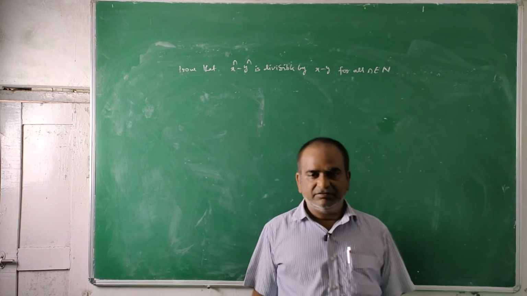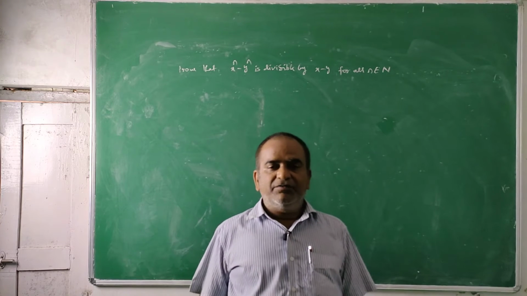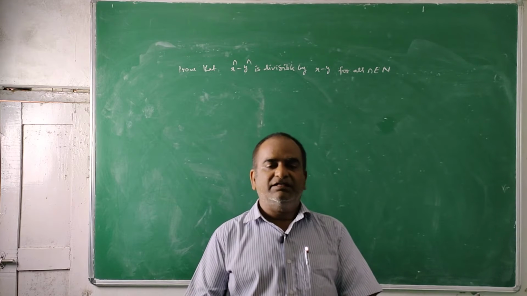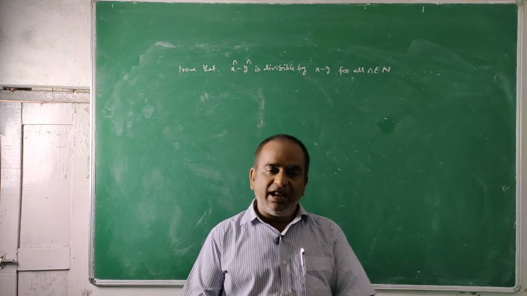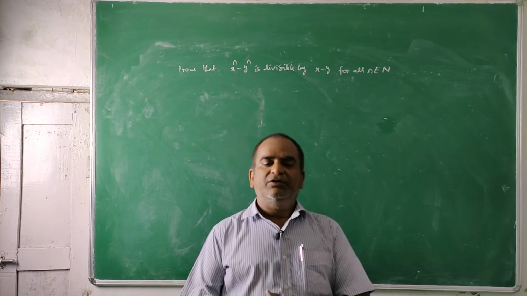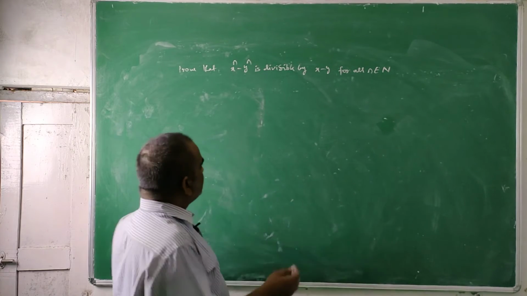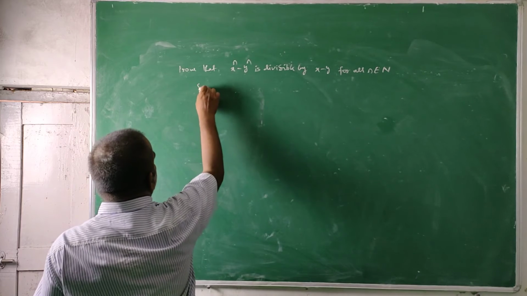This is the question. So we are supposed to prove that for all n belongs to N, x power n minus y power n is absolutely divisible by x minus y. So let us begin. Solution.